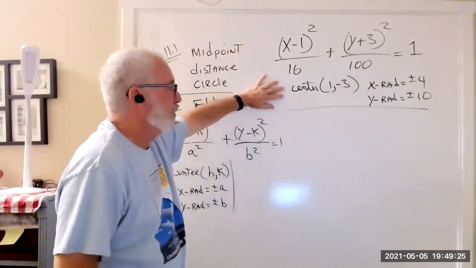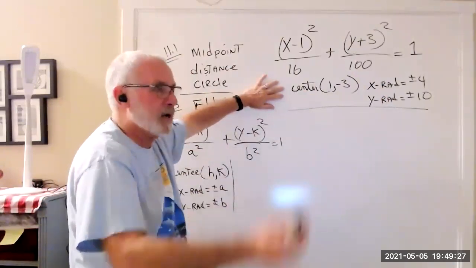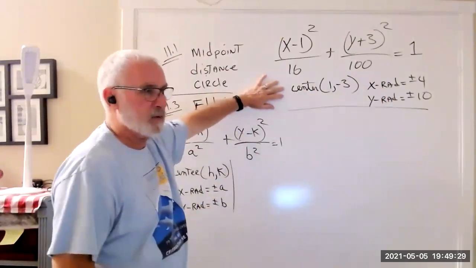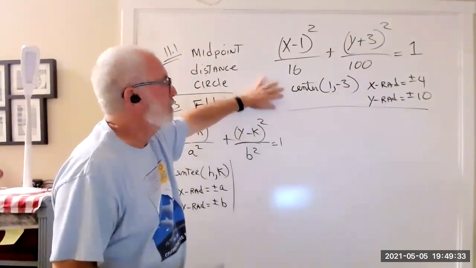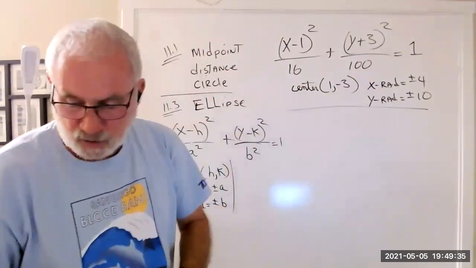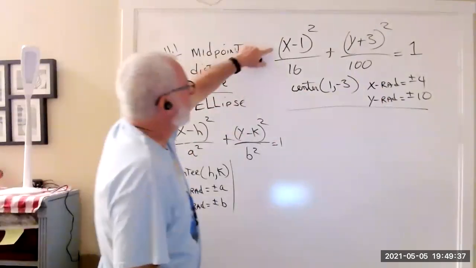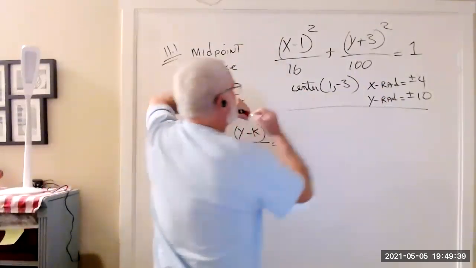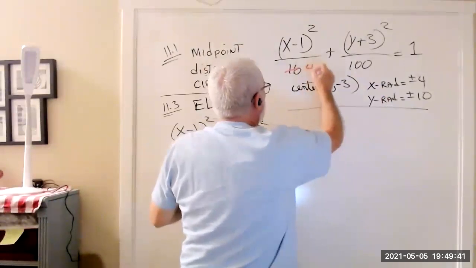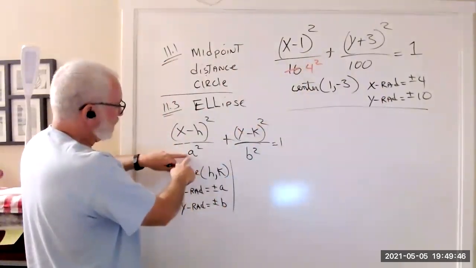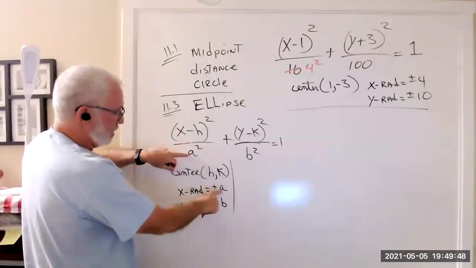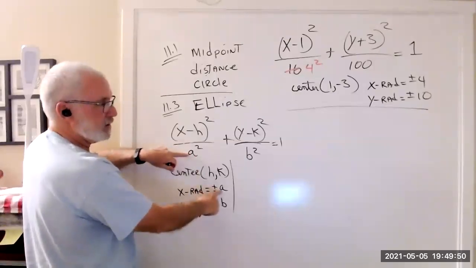Any questions where my center came from, how I got the x radius, how I got the y radius? How you got your x radius? Okay, because the x radius is under the x. You see 16, but you have to write it as 4 to the second power. The x radius is this number, a, right there.